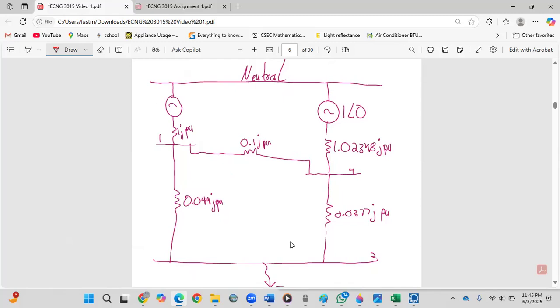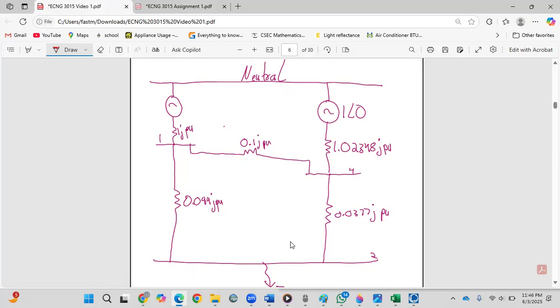These three at the bottom give you a delta, because this bus bar is one point, so technically these two are connected. Or you could do it with the top, because these generators here are connected to the same neutral point.